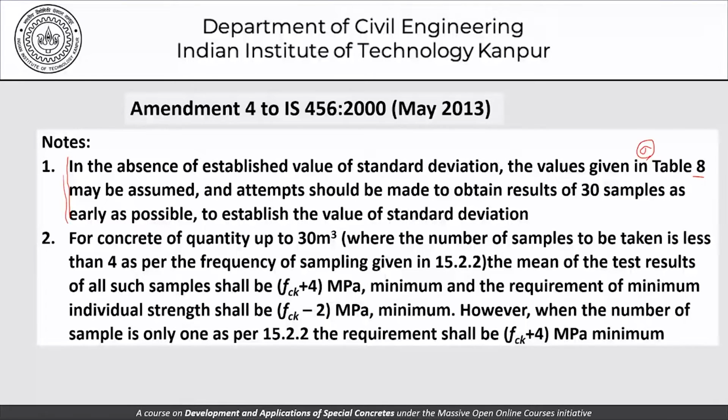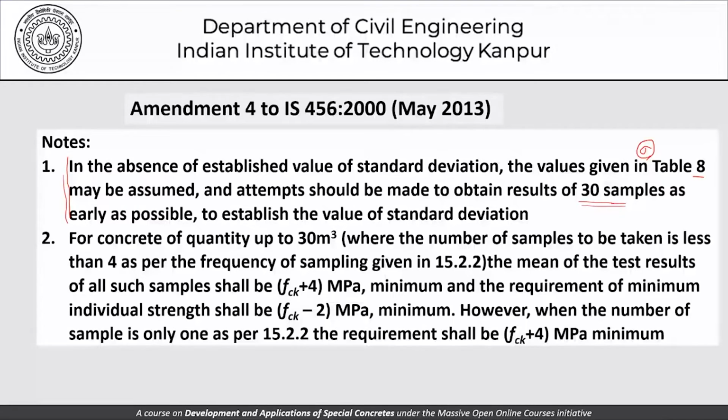Not so much the designer, but the quality control expert, so that he or she knows exactly the kind of deviations that are occurring at site, so that the acceptance is as per the actual conditions and not the assumed value of the standard deviation. That's one part of the notes which has been clarified.